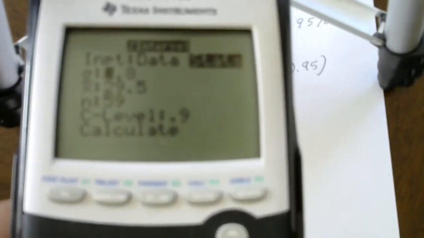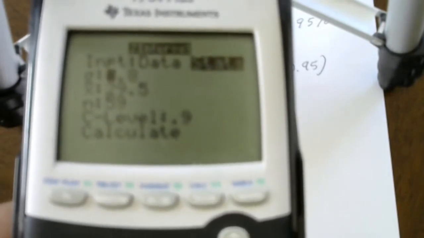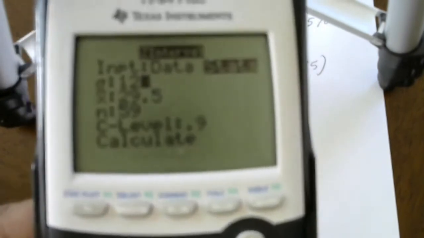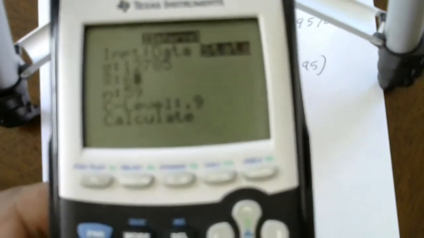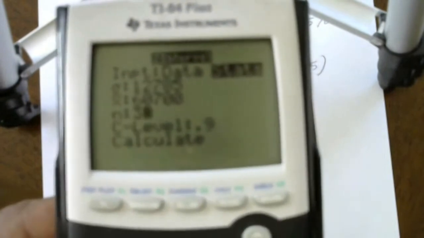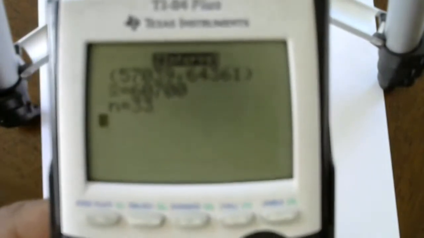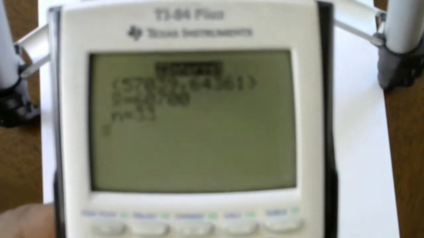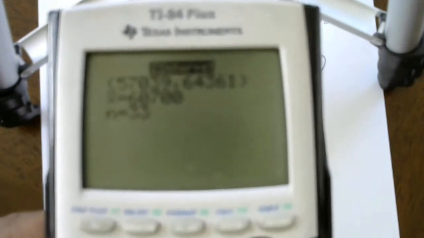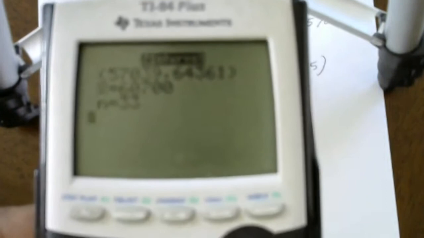So our standard deviation was 12,785. Our mean salary was 60,700. n was 33. Our confidence level was 90%, 0.9. And we have the same interval.